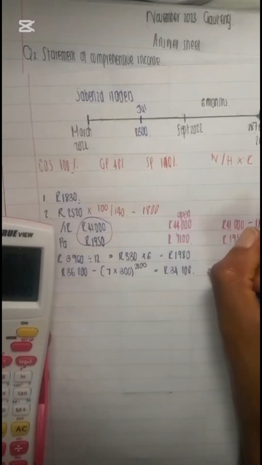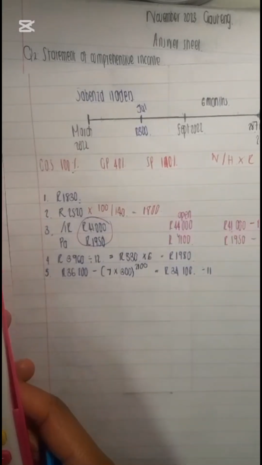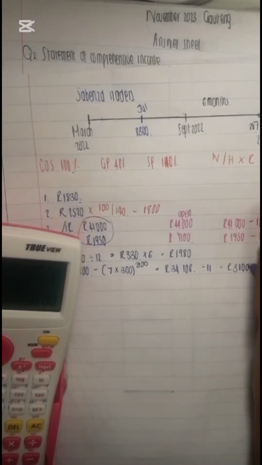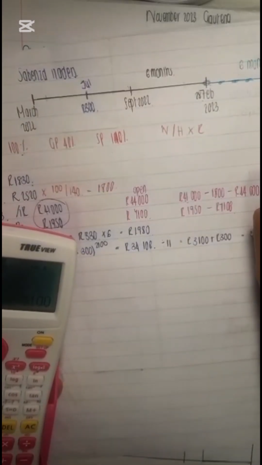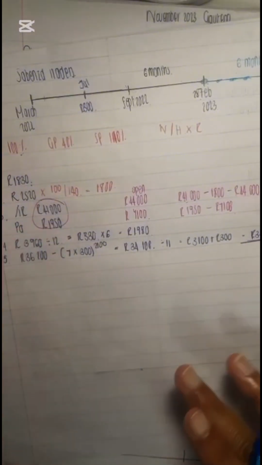We want the normal amount divided by 11 because we only have 1 month left. Would give us an amount of 3,100 plus the increase would give us an amount of 3,400. This is what we record in our financial statements.